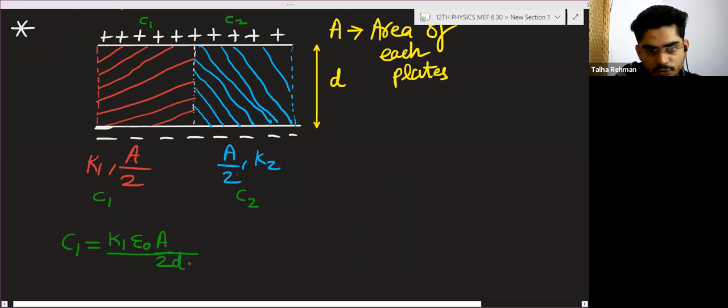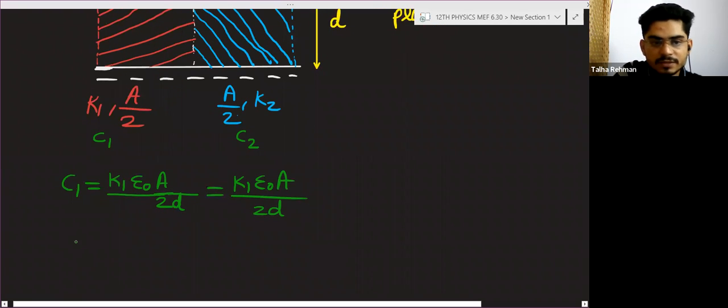So it will become K1 epsilon naught A divided by 2d. Similarly, I can find C2: K2 epsilon naught A by 2d.